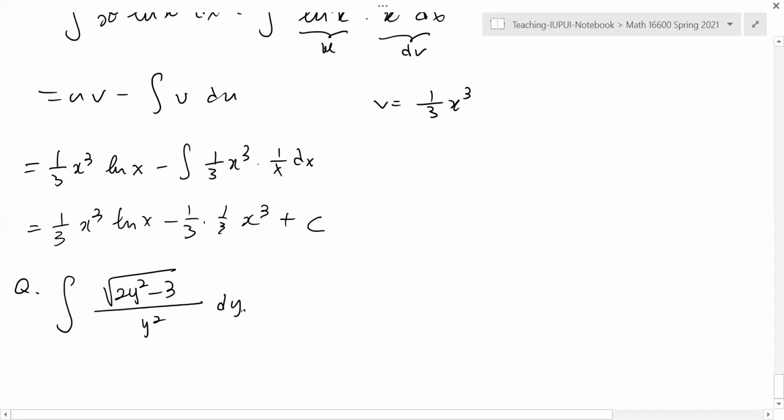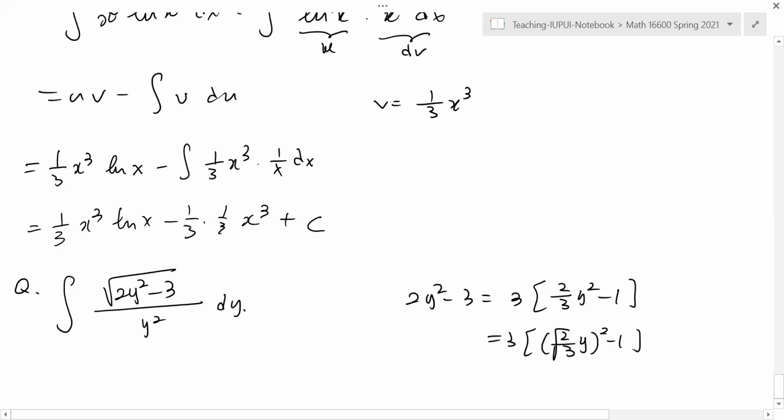When you see an integral like that, you don't like the constants 2 and 3 there, right? The first thing you have to do is use a substitution. You have 2y squared minus 3. If you take 3 out, you get 2 over 3 y squared minus 1. So the substitution is clear.